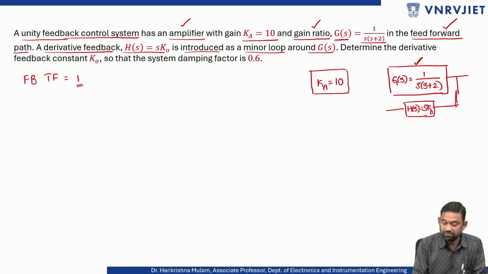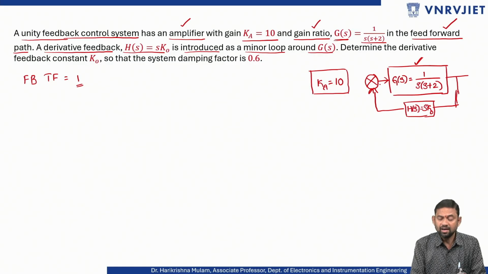And this is the feedback for this G of S. This part of the system is drawn like this. Unless specified, the feedback is considered to be negative. Therefore, here it is minus.